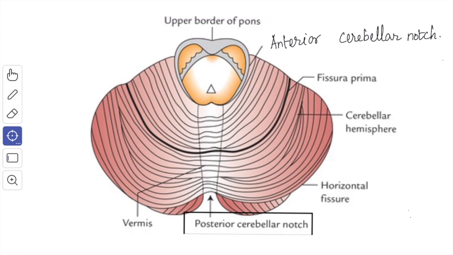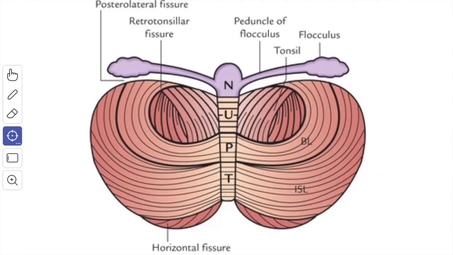The ridge-like superior vermis is continuous on either side with the superior surface of the cerebellar hemisphere. The inferior vermis is more clearly demarcated from the hemisphere in the floor of the vallecula cerebelli.